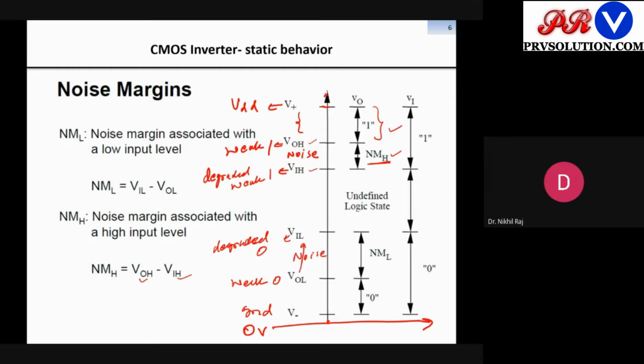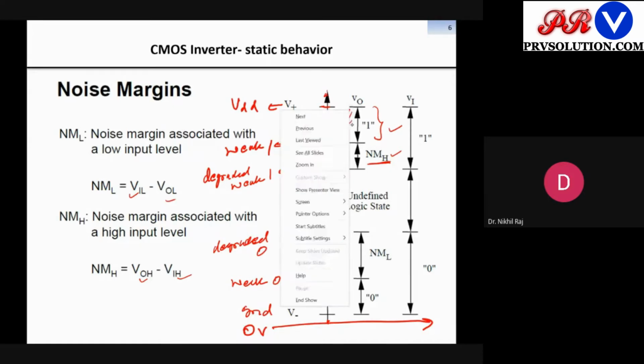So noise margin low is nothing but VIL minus VOL. So for the output, logic 1 and 0 is only this range.